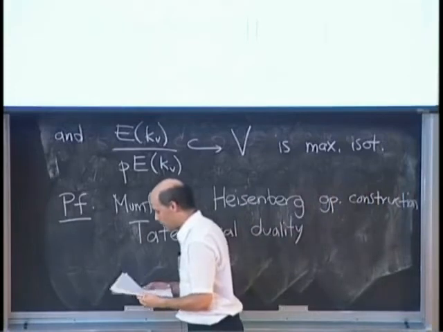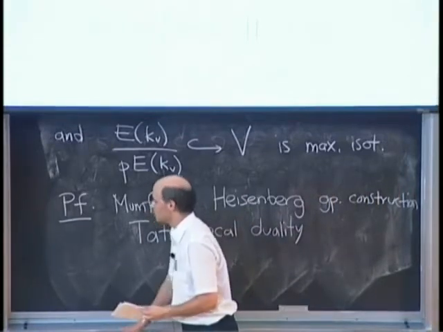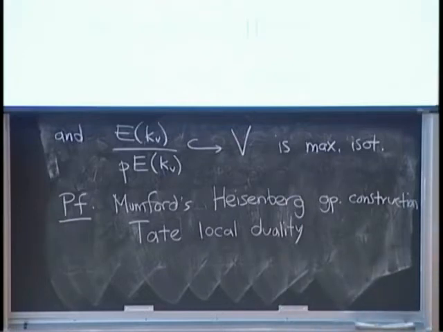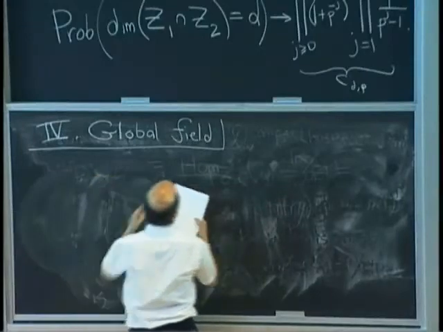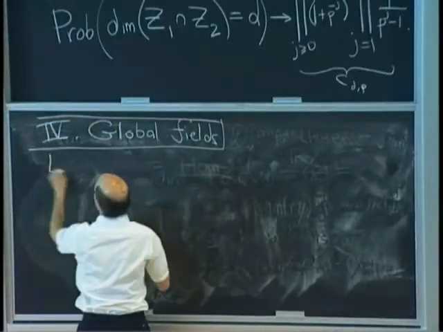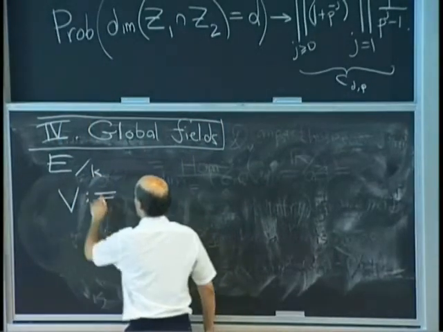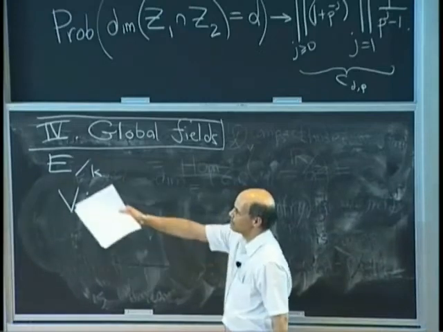All right, now, what's the analog for global fields of this? Now what do you do for a global field? I'm really working with a number field. So now I have an elliptic curve over a global field. I can again define a V, and I'll use Braconnier's construction.